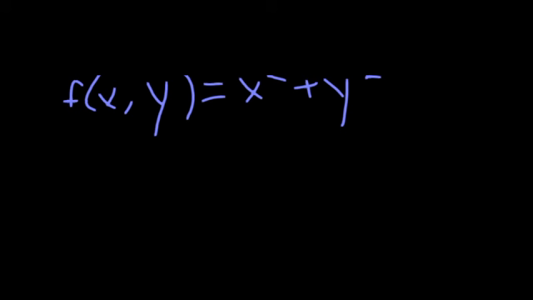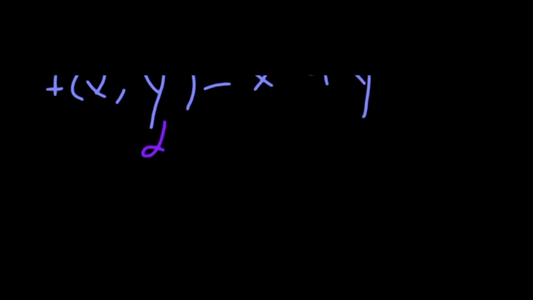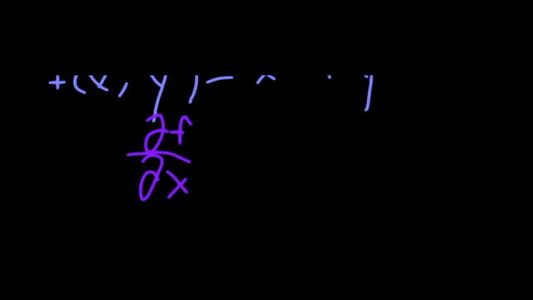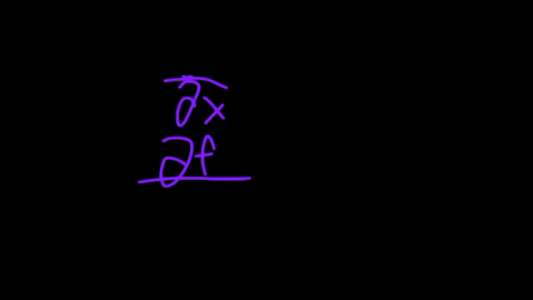Let's switch to new colors. You want to know what is the partial derivative of the function f with respect to x, and what's the partial derivative of the function with respect to y.